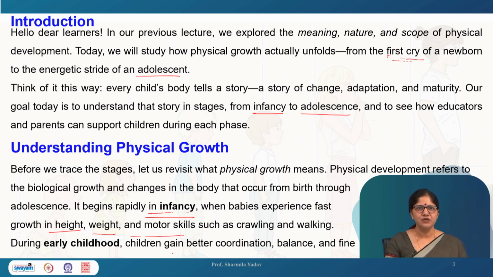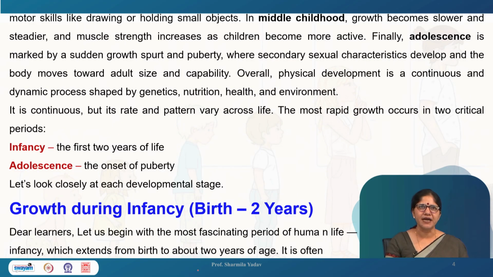During early childhood, children gain better coordination, balance and fine motor skills like drawing or holding small objects. In middle childhood, growth becomes slower and steadier and muscle strength increases as children become more active. Finally, adolescence is marked by a sudden growth spurt and puberty where secondary sexual characteristics develop and the body moves toward adult size and capability.